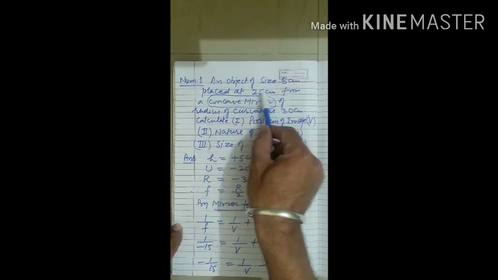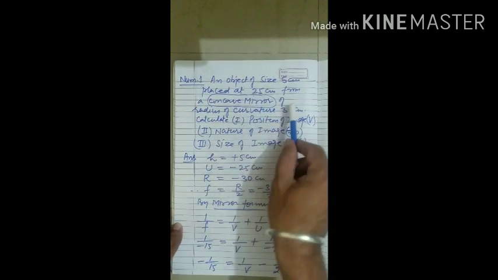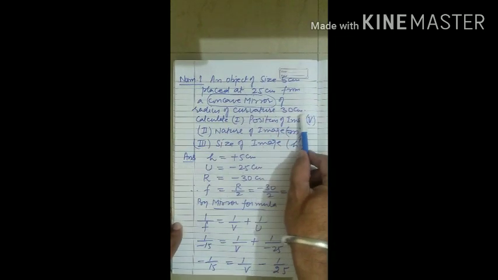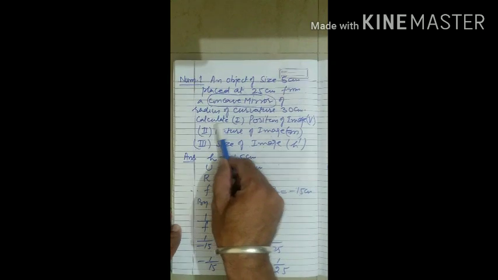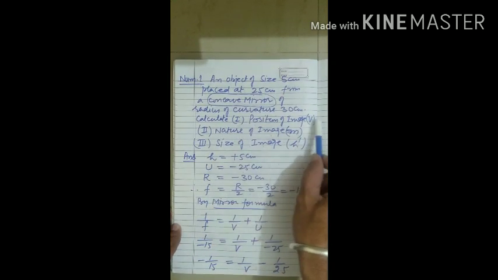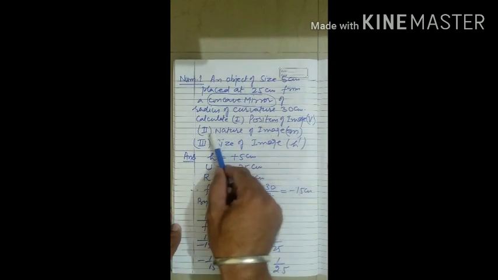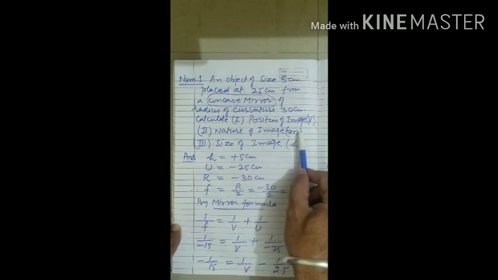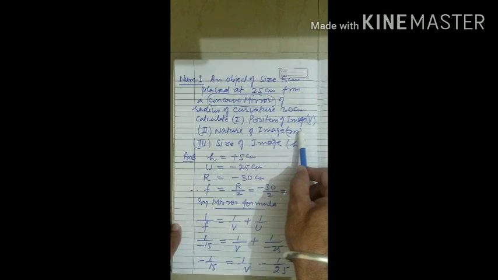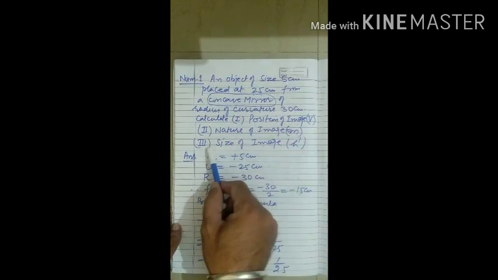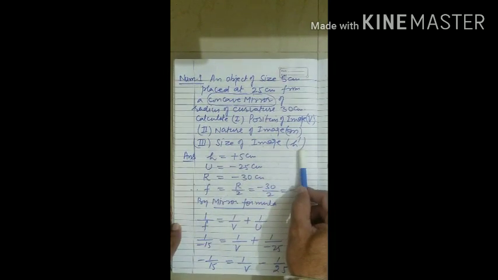Placed at means this is the object location. The mirror has radius of curvature 30 centimeter. Calculate: number 1, position of image, that is v, to be calculated. Number 2, nature of image, which we can easily find out from the magnification. I have already explained that magnification will let you know the nature easily. Third, size of the image, h dash.